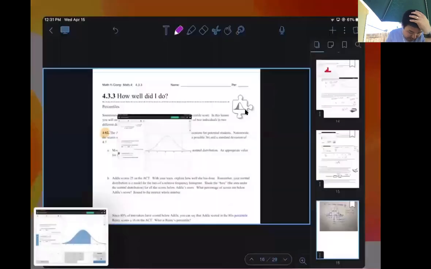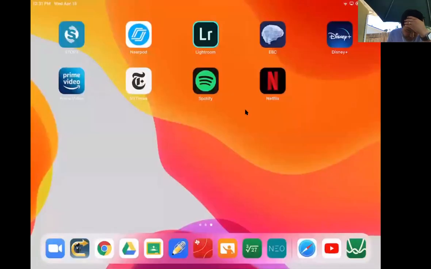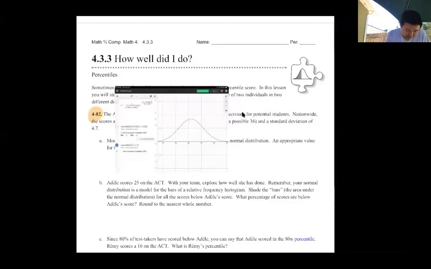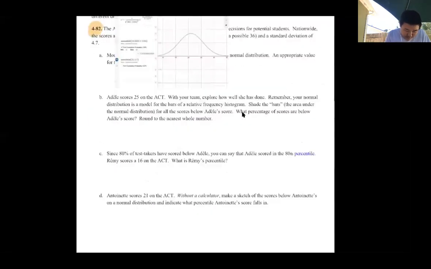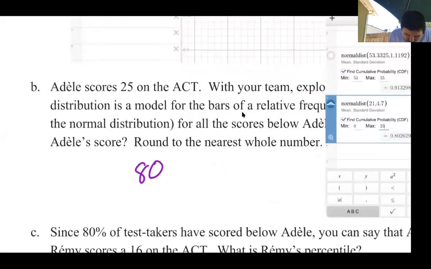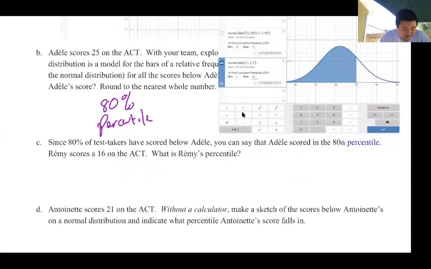She scored 25, so she scored in about the 80th percentile, which means she did better than about 80% of people, because 80% of the test takers have a score below Adele. You can say Adele scored in the 80th percentile.